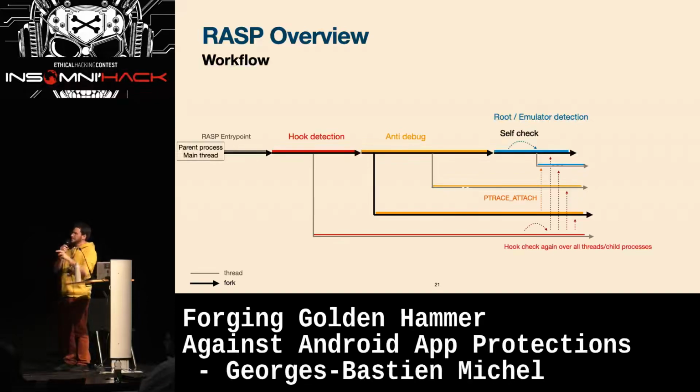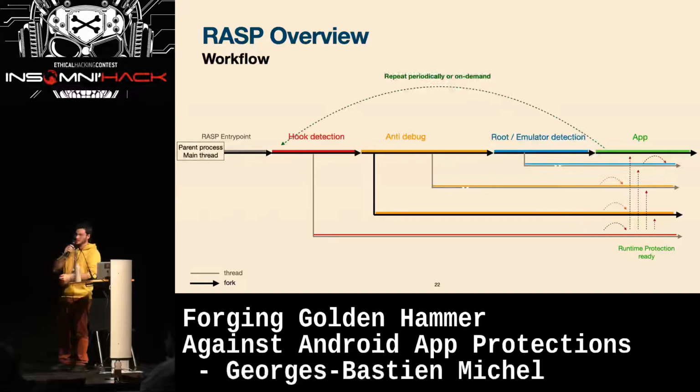And now the RASP will deploy environment detection, which is emulator detection, root detection, integrity checks, and more. Each time a protection layer is deployed, or each time a new thread is created, all detections already available are rechecked.